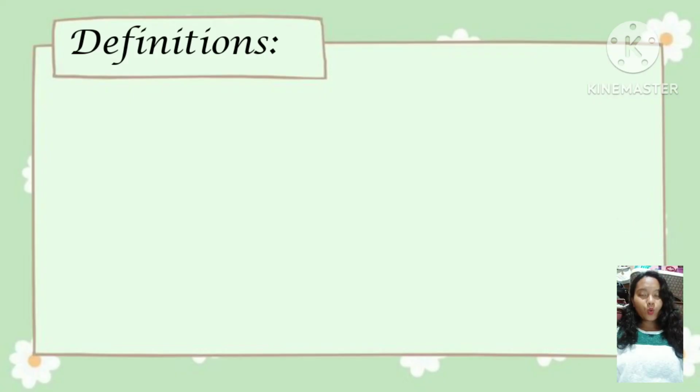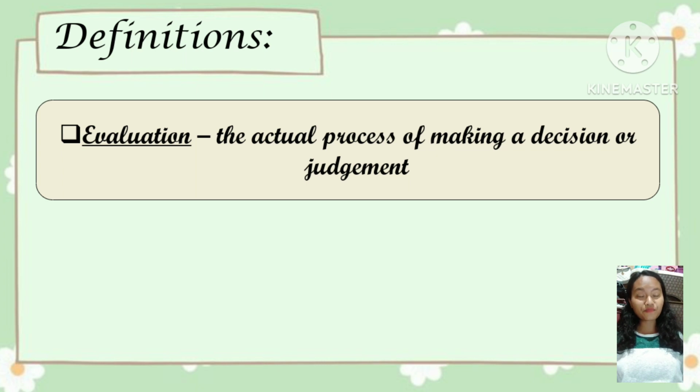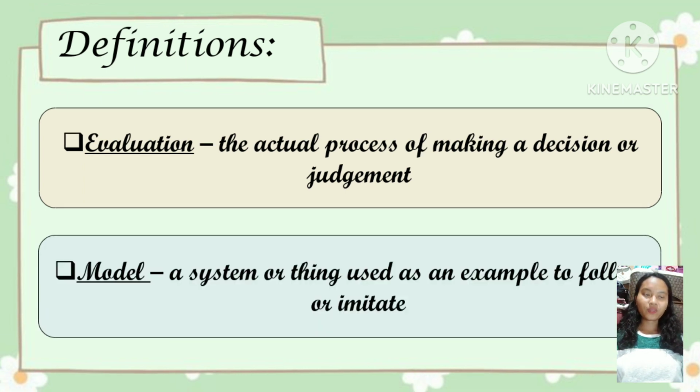But before defining what we mean by evaluation models, let us first define the two separate terms, which are evaluation and models. When we say evaluation, it is the actual process of making a decision or judgment. It is also a systematic determination and assessment of a subject's merit, worth, and significance using criteria governed by a set of standards.